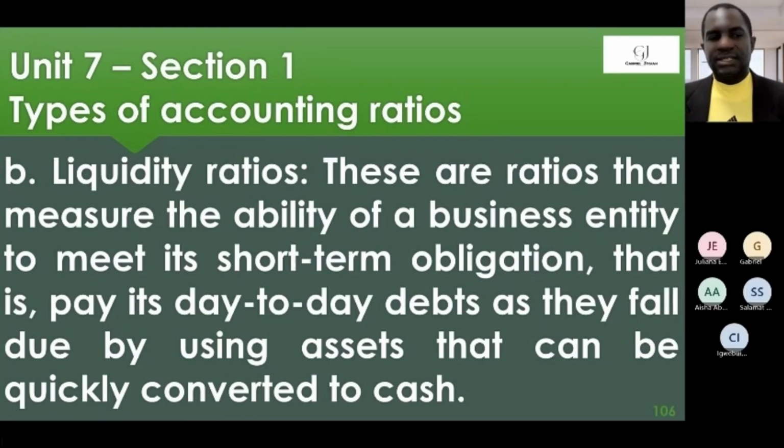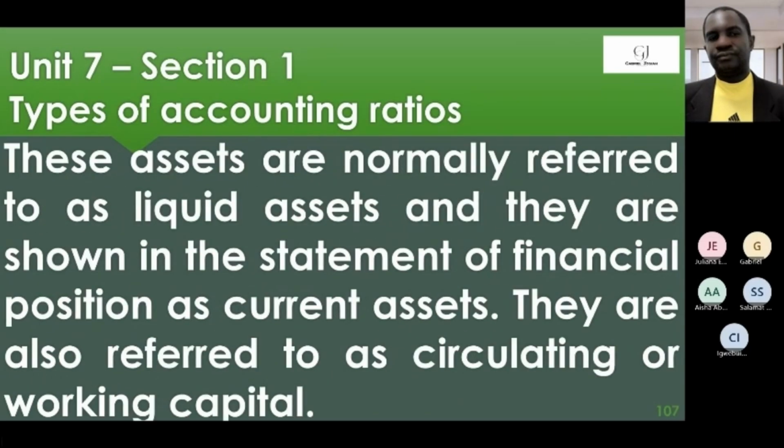Liquidity is the ability of the business entity to meet short-term obligations, that means day-to-day debts. Short-term solvency, we've spoken to that, and how it's able to convert its assets, inventory and receivables, quickly to cash. These assets, normally referred to as liquid assets, are shown in the statement of financial position as current assets. A synonym is either circulating or working capital.